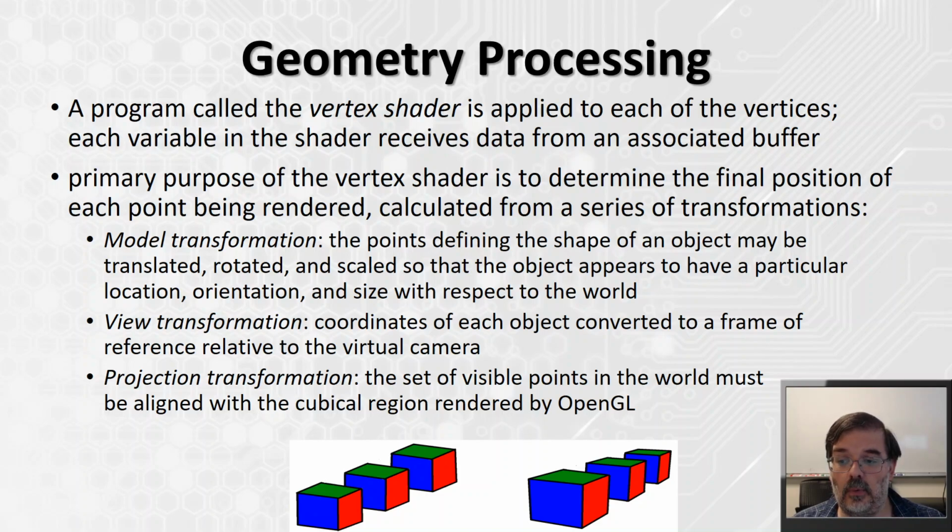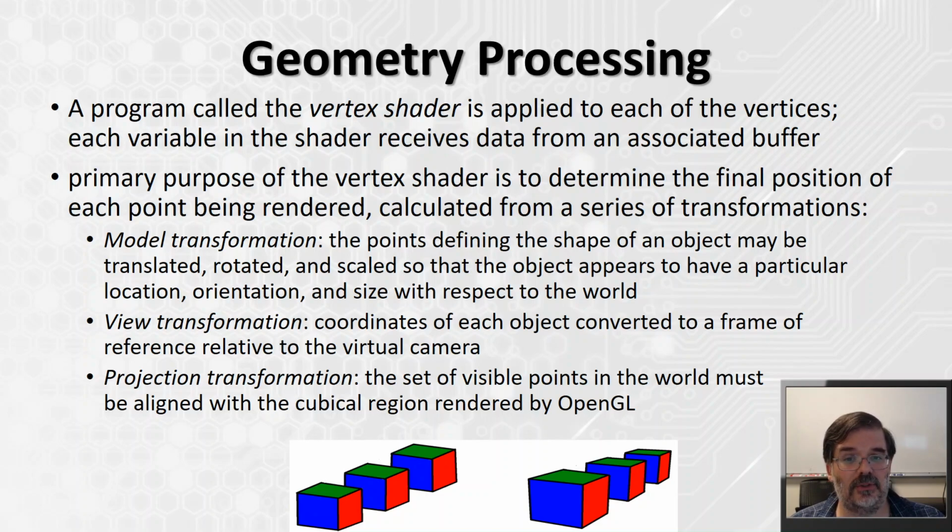Finally, the set of points in the world that are considered to be visible usually occupy a box-shaped or a frustum-shaped region. They have to be scaled to and aligned with the space which is rendered by OpenGL. OpenGL renders a set of points in a cube-shaped region whose coordinates are between -1 and +1. And the position of each point in the vertex shader is assumed to be within this frame of reference. This is accomplished with a projection transformation.